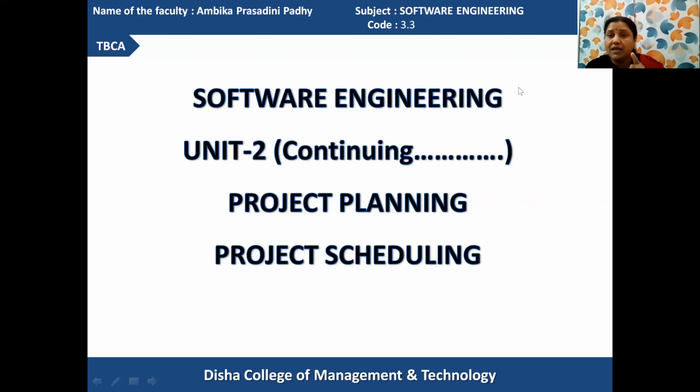In the project planning document, you mention the estimations we have made regarding size estimation, cost estimation, time requirement, and effort requirement. After all these estimations are performed, your next requirement is to prepare the project scheduling.